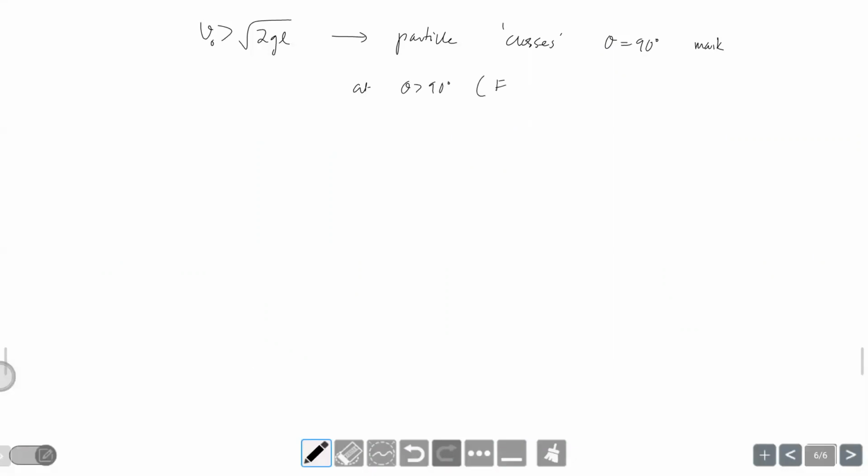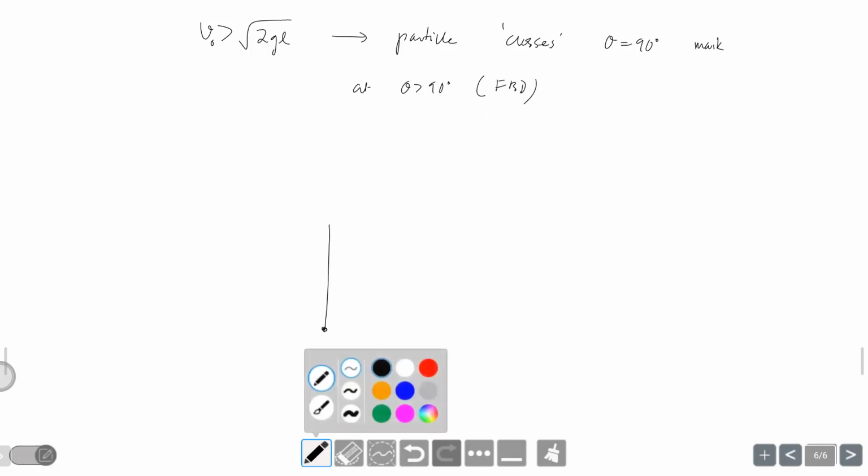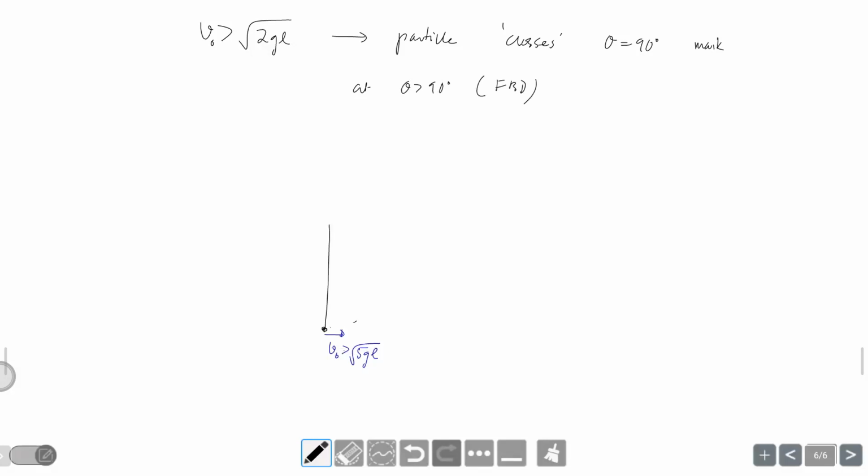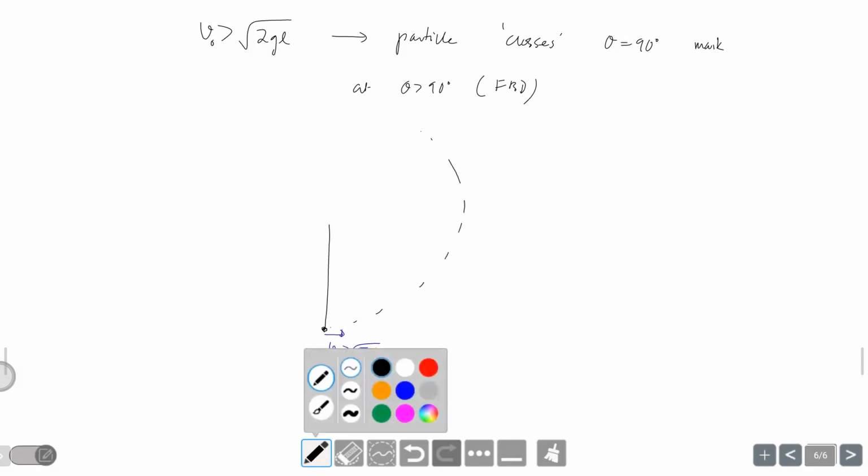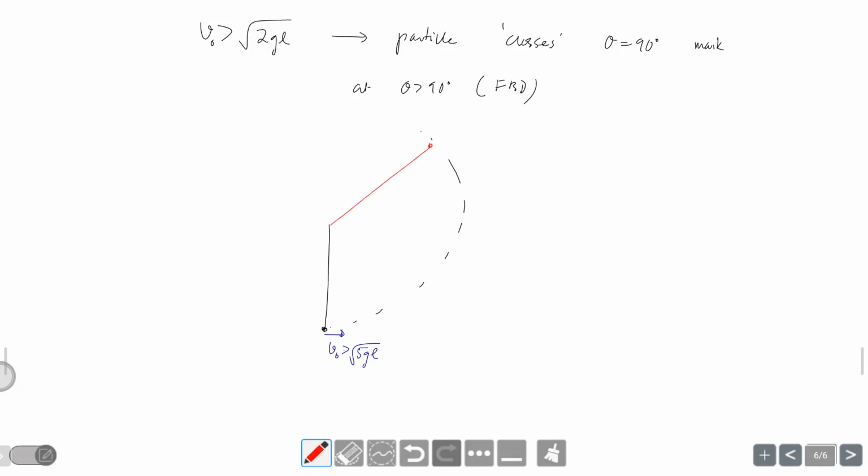Let's look at the model, so that the angular displacement is.